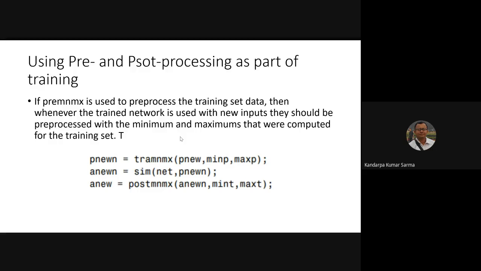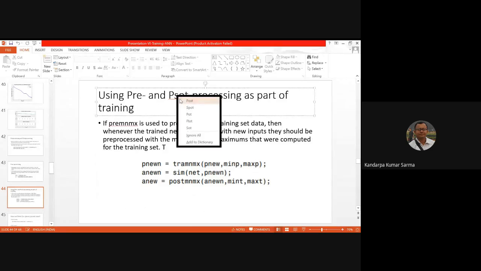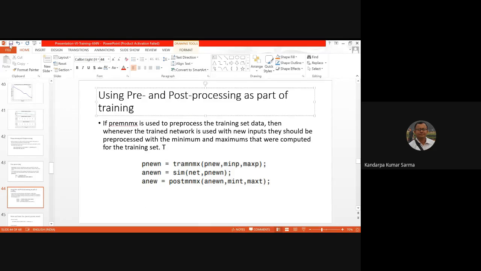Okay, so now there are provisions through which you can use both pre and post processing as part of the training.